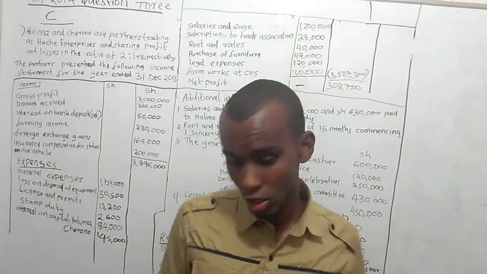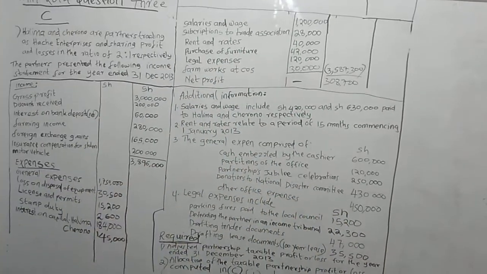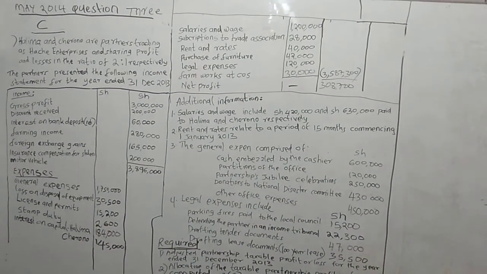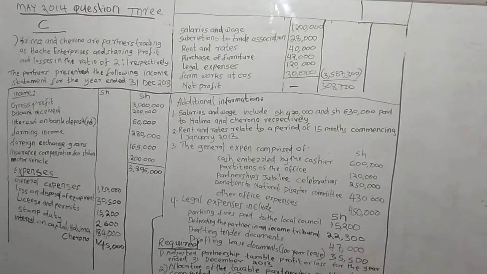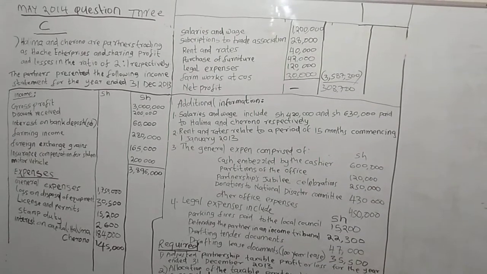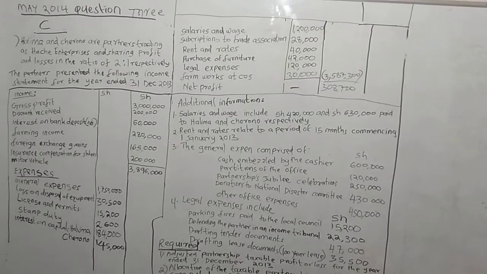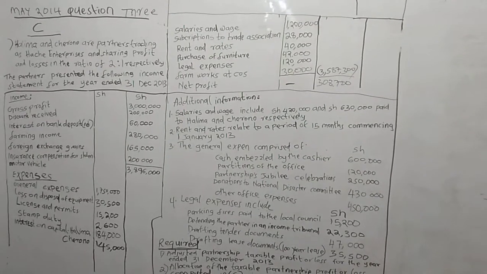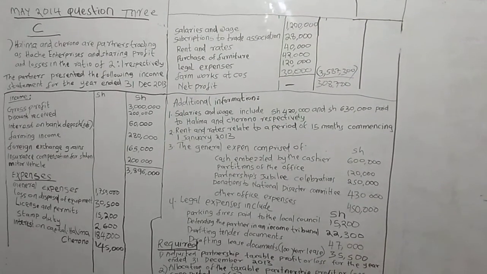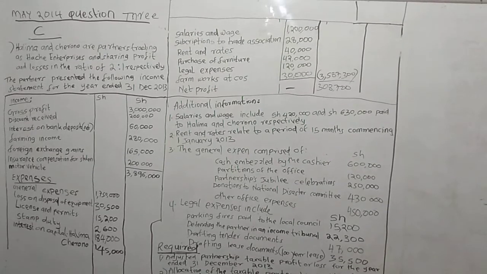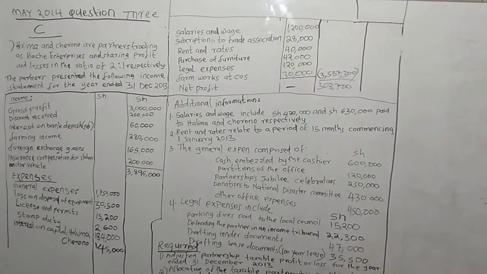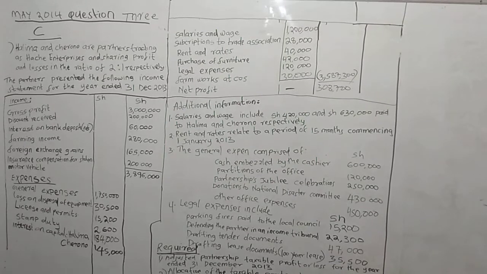Let me read out the question. We are told Halima and Shirono are partners trading as Hake Enterprise and sharing profit and losses in the ratio of 2:1 respectively. The partners presented the following income statement for the year ended 31st December 2013.